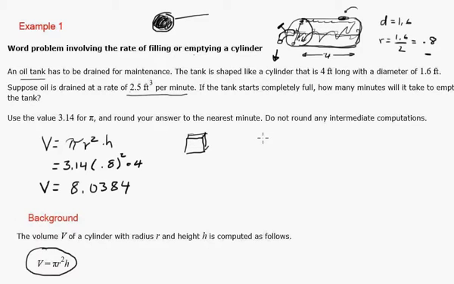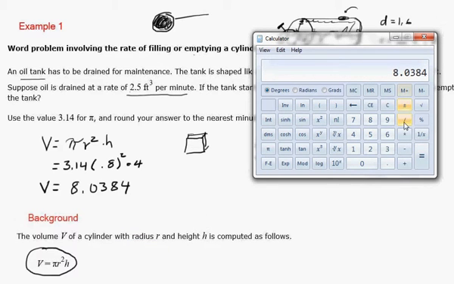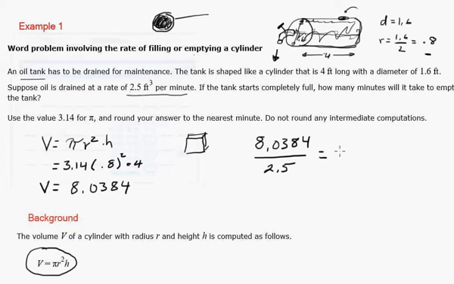What you would do is take 8.0384 and divide it by 2.5. 2 goes into 8 around 4 times, and this is 2.5, so I think it's going to be around 3. Let's see. I just say divided by 2.5, and I get 3.21 something.